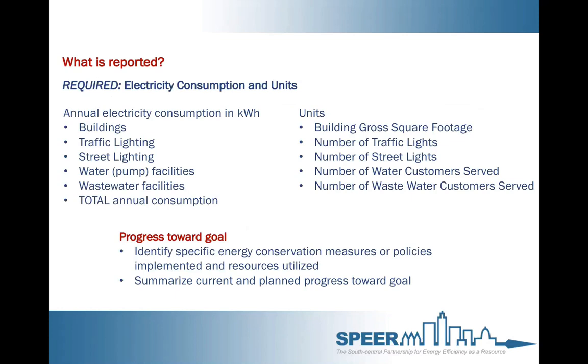Units of each one of these use categories are also provided in the form, including building gross square footage, numbers of traffic lights, numbers of streetlights owned by the city or public entity, and numbers of customers served by water systems and wastewater systems. The form also asks the entity to identify specific energy conservation efforts in place in the city, as well as a summary of current and planned progress towards the 5% annual reduction goal.